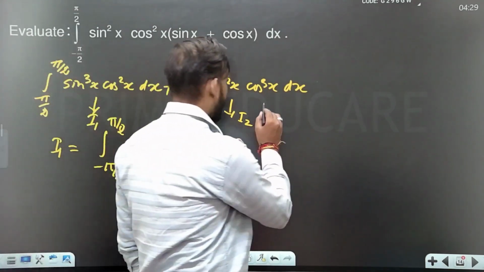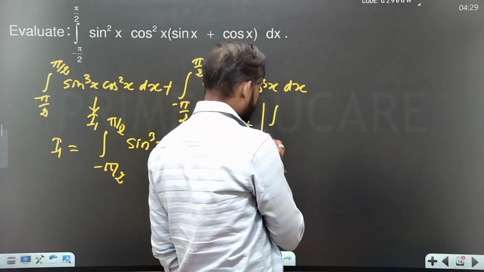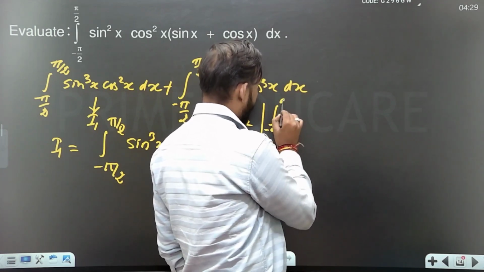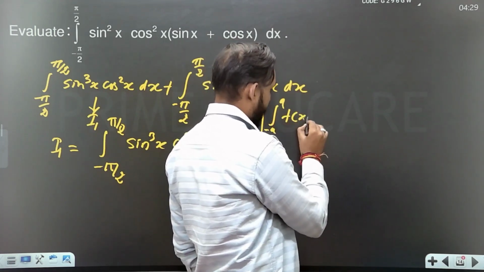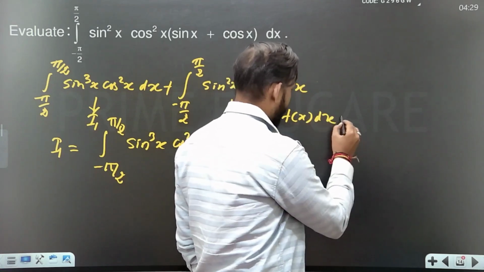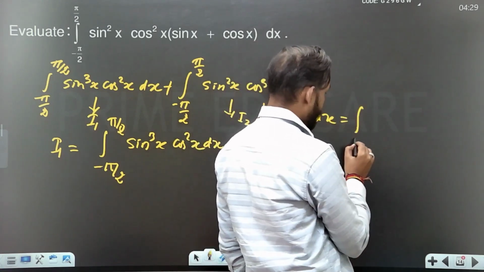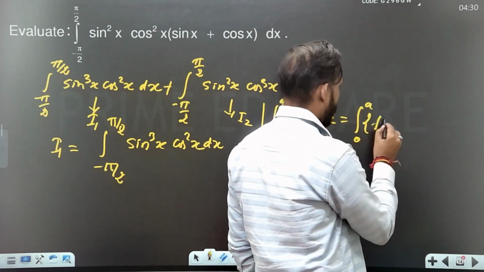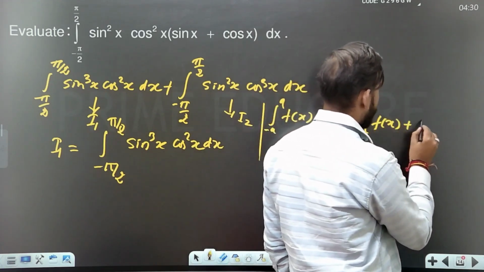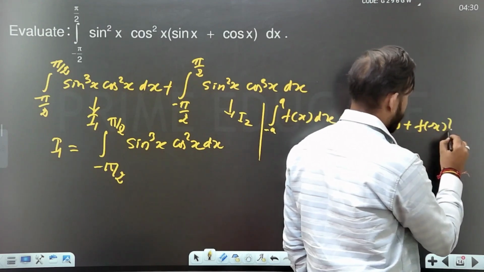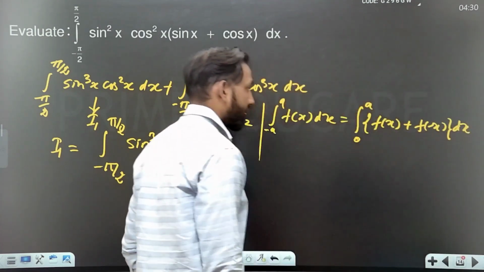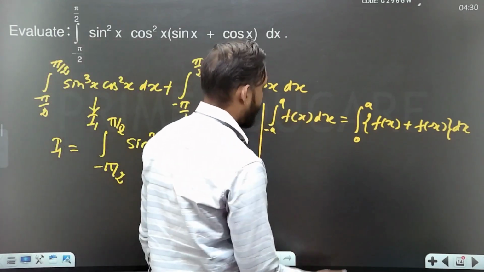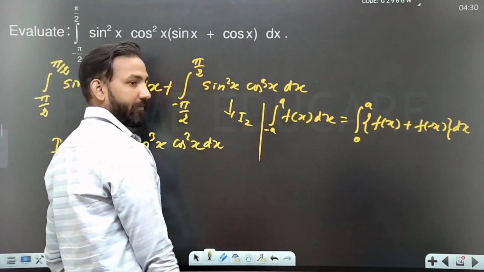Now, we can write the integral from minus a to a of f of x dx as the integral from 0 to a of f of x plus f of minus x dx, yes or no? We can write this thing, because we have written it already.